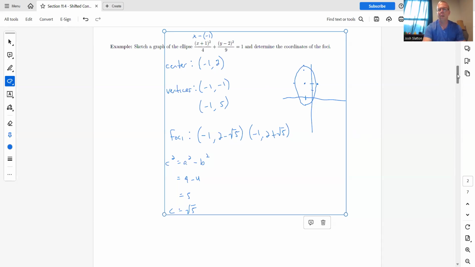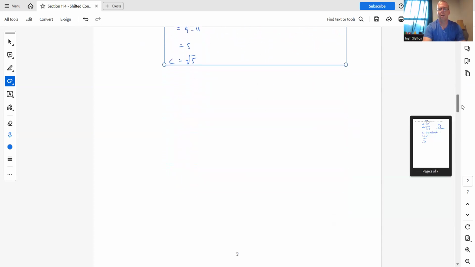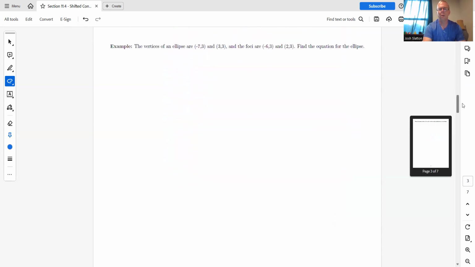All right. So this one, we are going to find the equation of an ellipse given shifted vertices and shifted focus points. So just to recall, notice that the y coordinates are all the same. So the y coordinates are all 3.